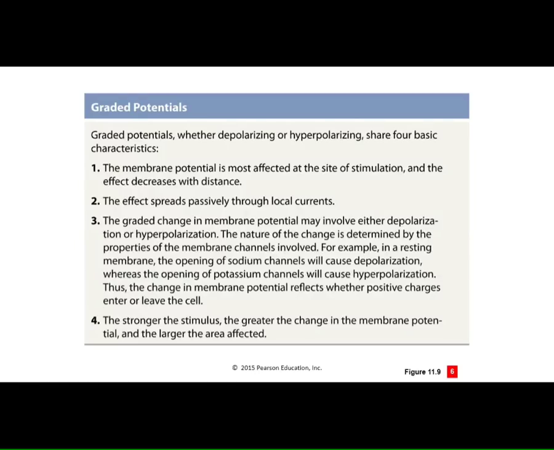So looking at this little table from your book, membrane potential is affected for a very short distance, just moves around locally, and it can either be depolarizing or hyperpolarizing. That's a key for graded potentials. Remember, the other word for graded potential is a local potential. Same thing. Local or graded potential.